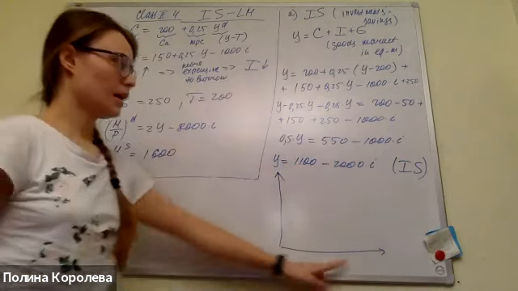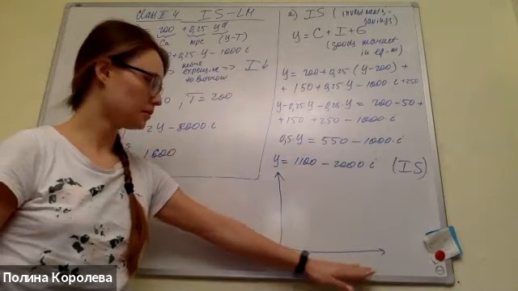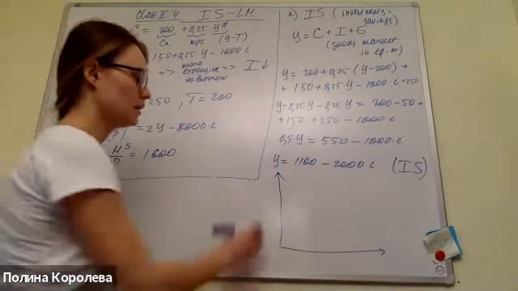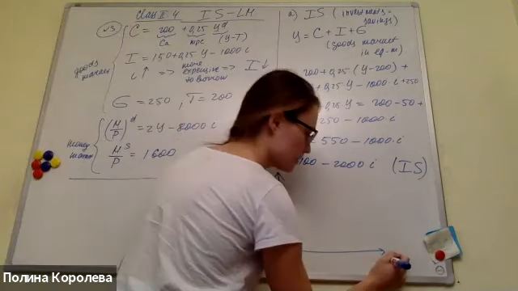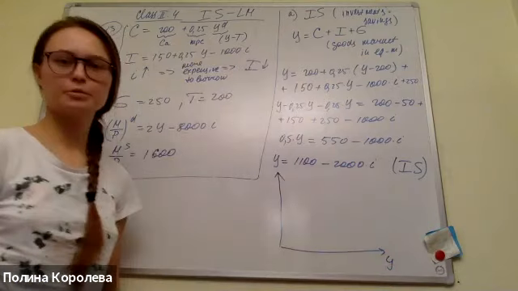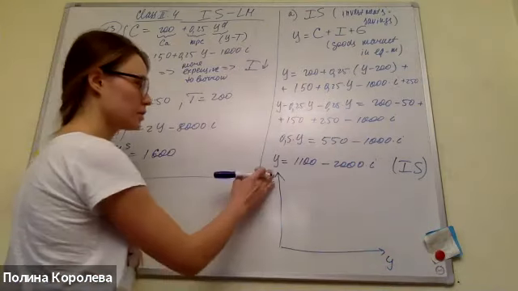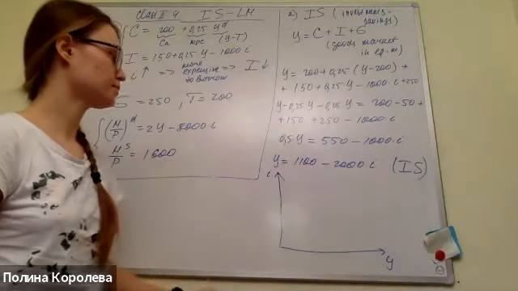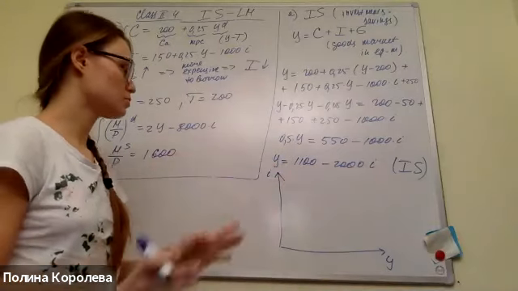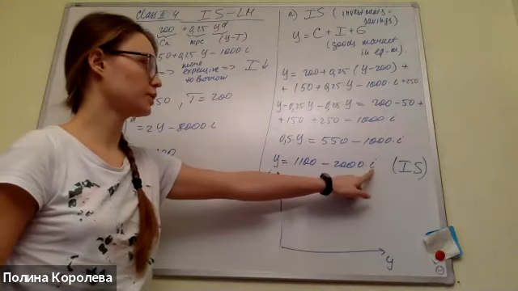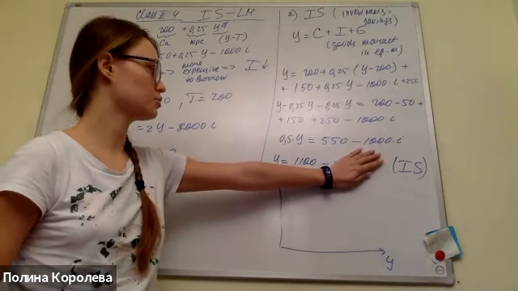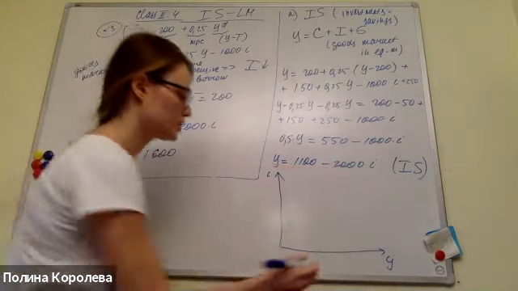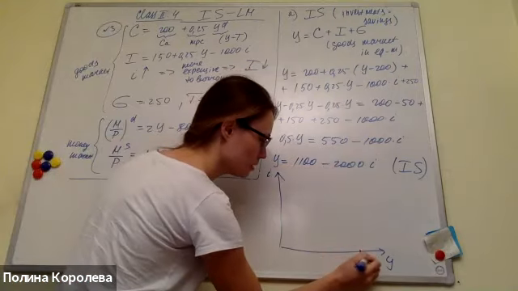So for the IS-LM graph, what axes? Horizontal axis, equilibrium output. Vertical axis, interest rate. Linear function, I like to draw by two points. If interest rate is equal to 0, GDP is 1100, so here.